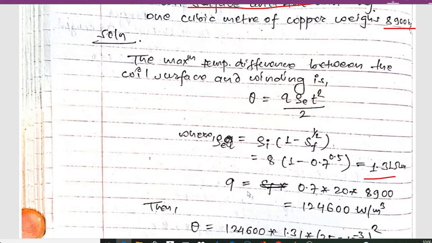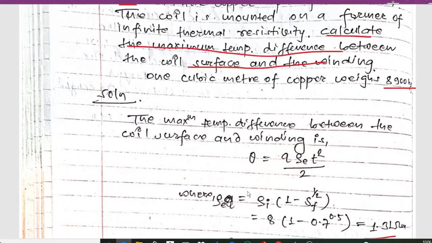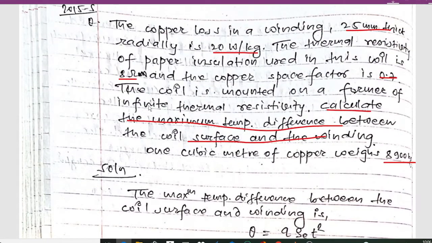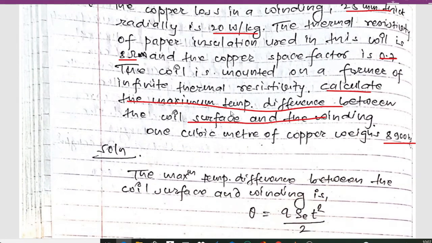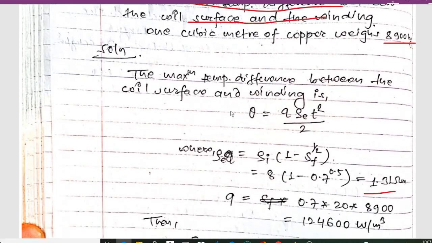And q will be, the copper loss is given as 20 watt per kg, and the space factor is 0.7. Similarly, 1 cubic meter of copper weighs 8900 kg.